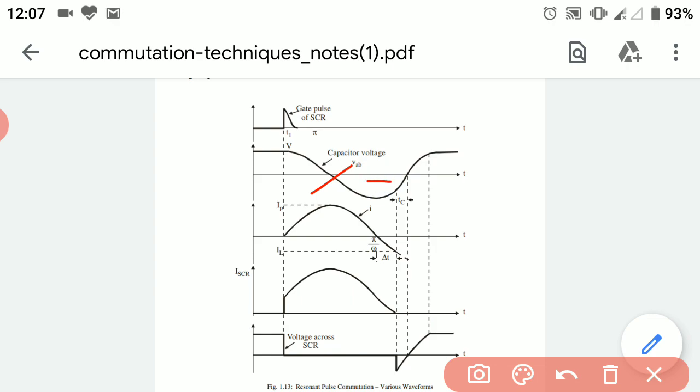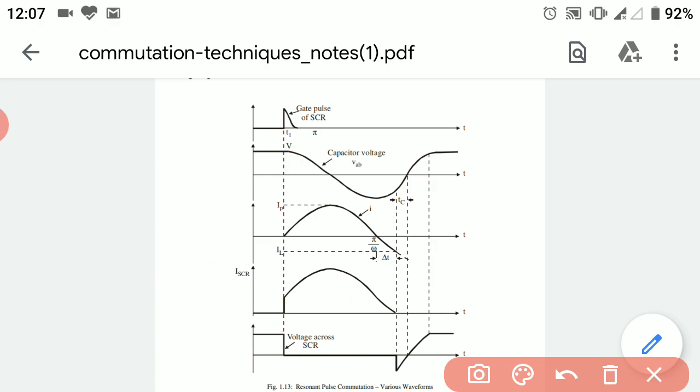Now the capacitor plate A is at negative polarity and B is at positive polarity. The next waveform is of current, that is the resonating current flowing through the LC circuit. The next two waveforms are of SCR current and SCR voltage. We will discuss all these waveforms one by one.